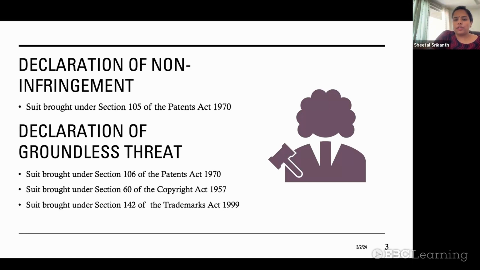So non-infringement is covered under Section 105 of the Patents Act, which basically says that any person may institute a suit for a declaration that the use by him of any process, or the making, use, or sale of any article by him does not or would not constitute an infringement of a claim of a patent against the patentee or the holder of an exclusive license under the patent, right?